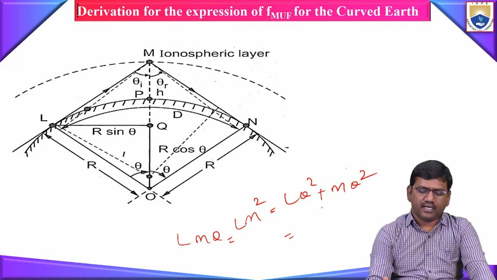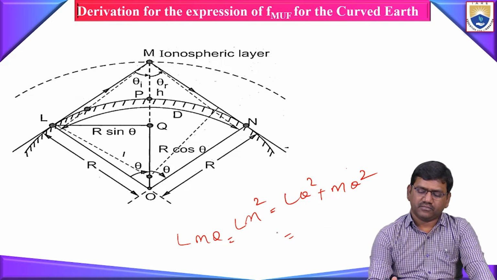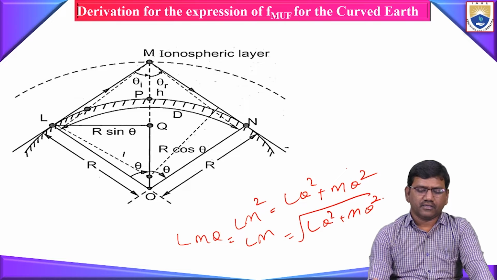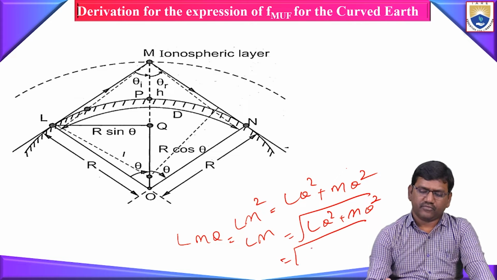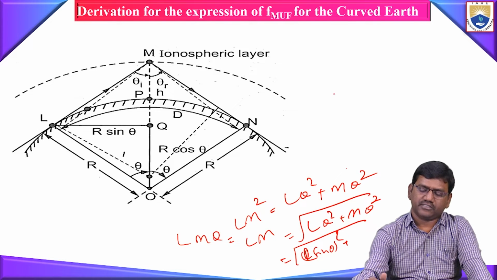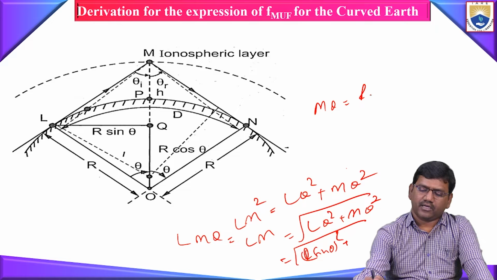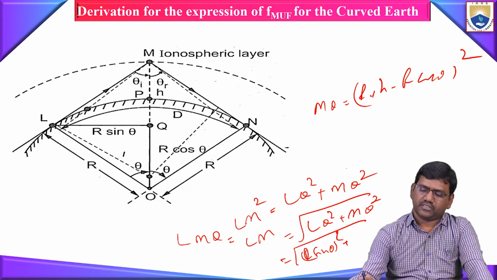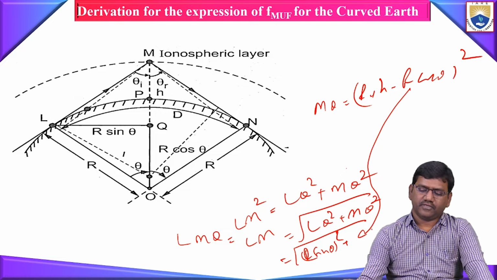So LM is equal to the root of LQ square plus MQ square. Here LQ is R sin theta, whole square, plus MQ square, where we have just seen MQ is equal to R plus H minus R cos theta, whole square. We need to substitute this here.